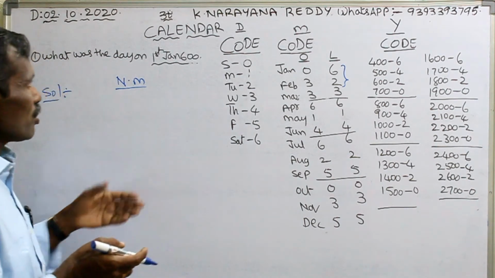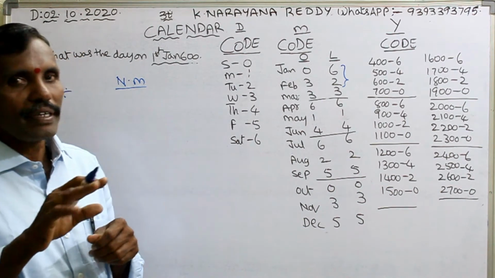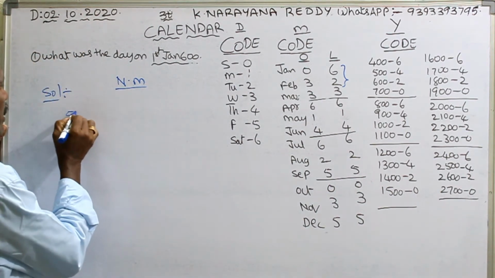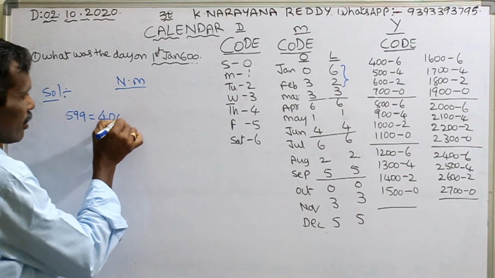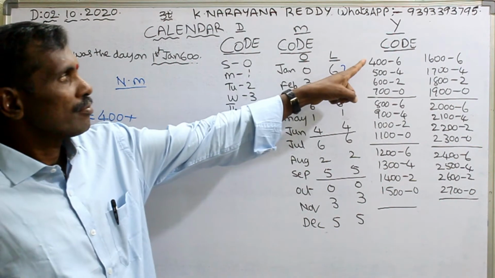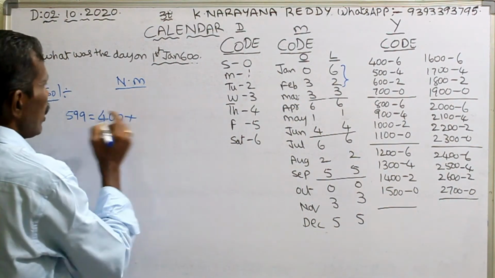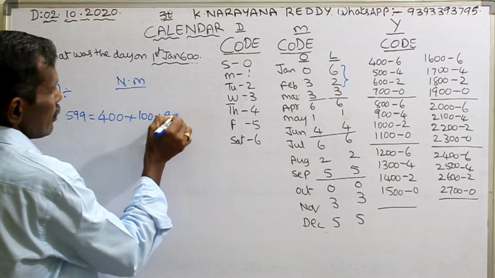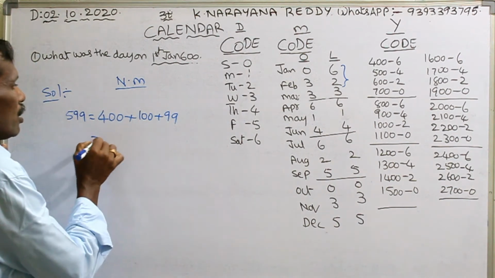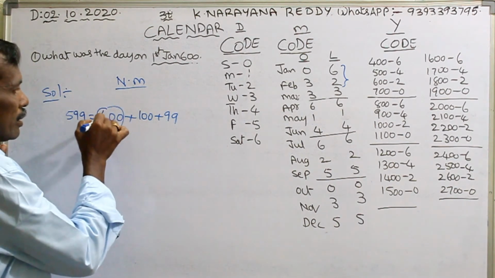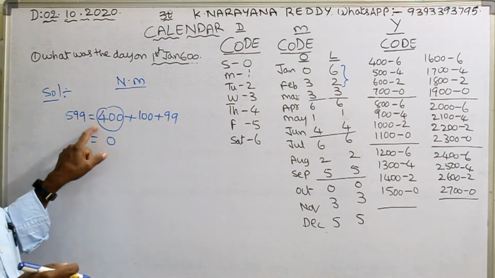So before that, 599 years are completed. In this 599, 400 years are leap years, and 100 plus 99. We are splitting this. You already know that 400 years contain 0 odd days.